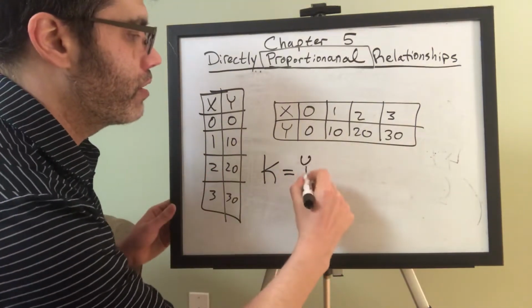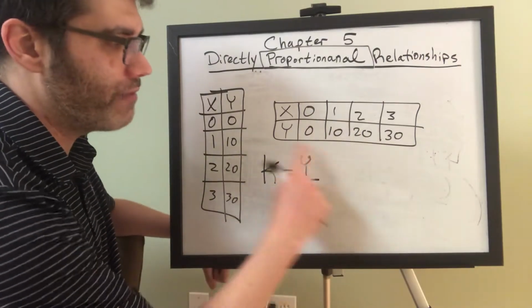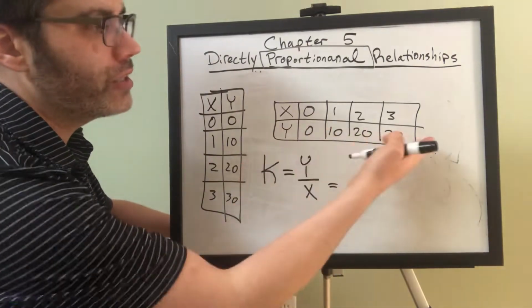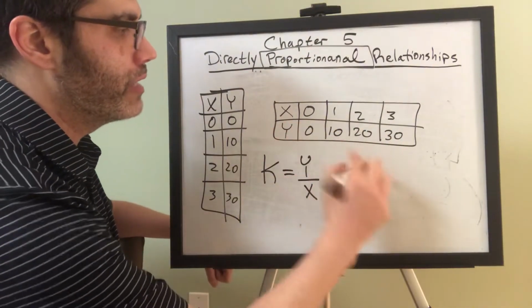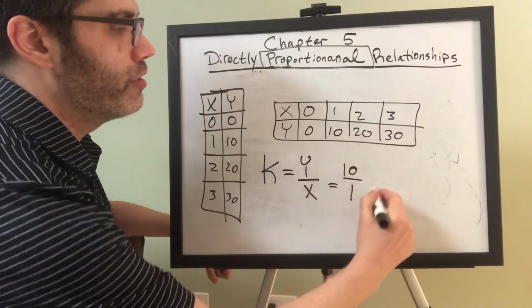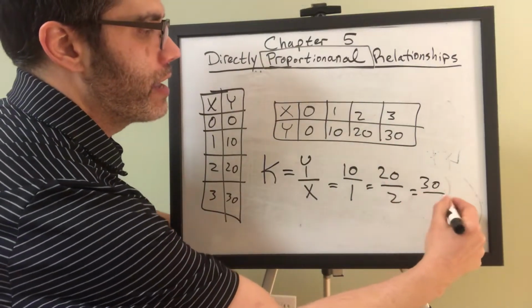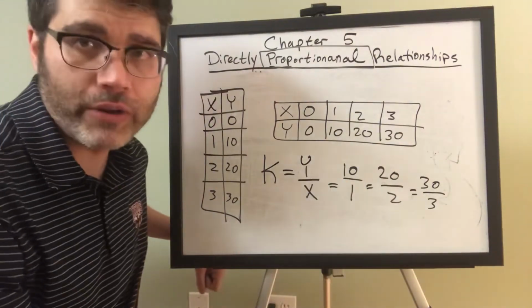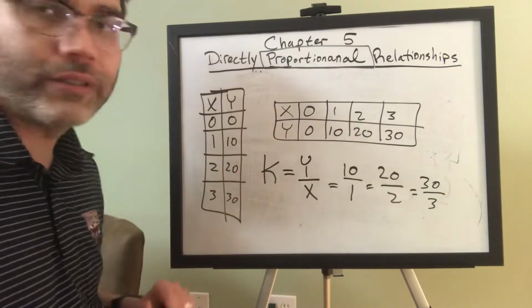The y is always on top and the x is on bottom when you have this equation. So when you have this table, just know that you need to flip it. So it's 10 over 1, 20 over 2, 30 over 3, and it all reduces to 10 over 1. Okay, so I just wanted to point that out about some of these horizontal tables.